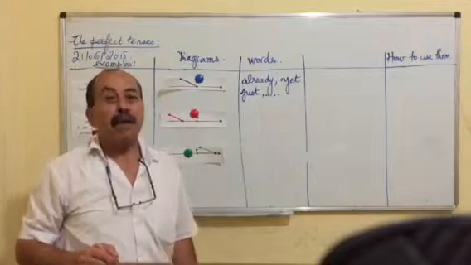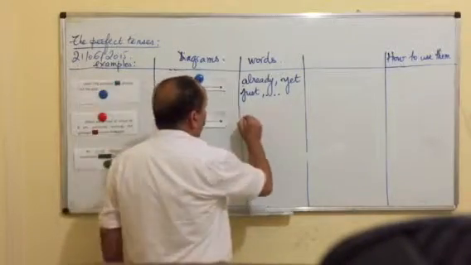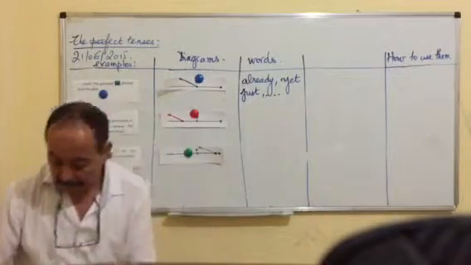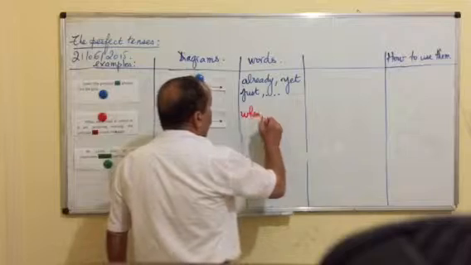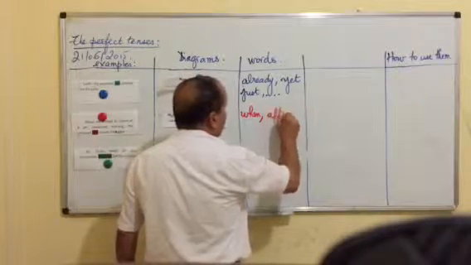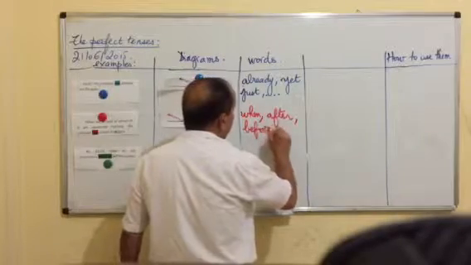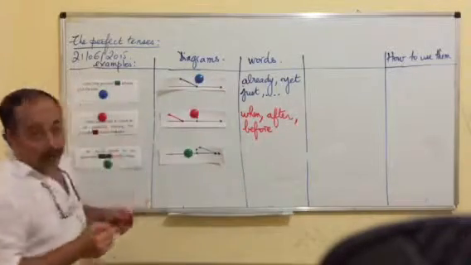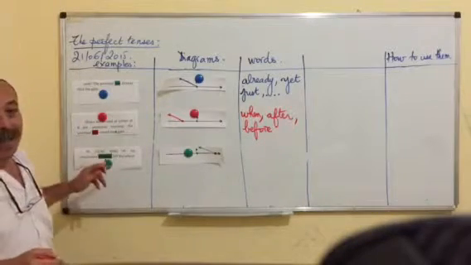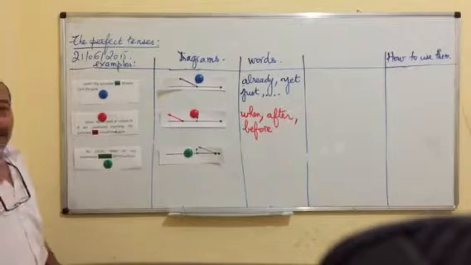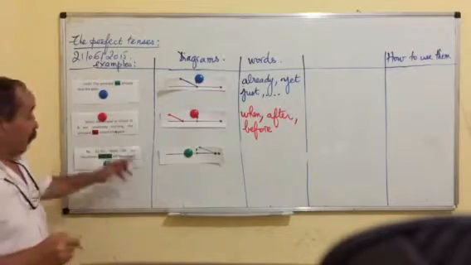Now, to express an action which is before the past action, we have when, or after, or before. We have an example. When we arrived at school at 8 a.m. yesterday morning, the principal had closed the gate.